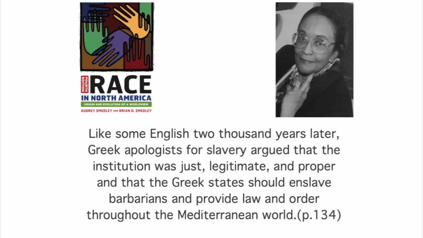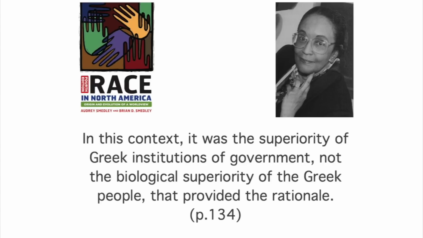Like some English 2,000 years later, Greek apologists for slavery argued that the institution was just, legitimate, and proper, and that the Greek states should enslave barbarians and provide law and order throughout the Mediterranean world. In this context, it was the superiority of Greek institutions of government, not the biological superiority of the Greek people, that provided the rationale, meaning it was based on the system that they had set up, not being the white man as the English instituted later on.